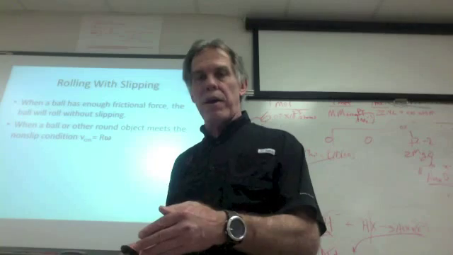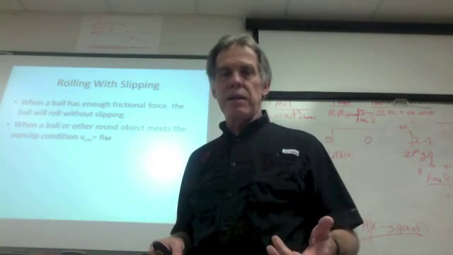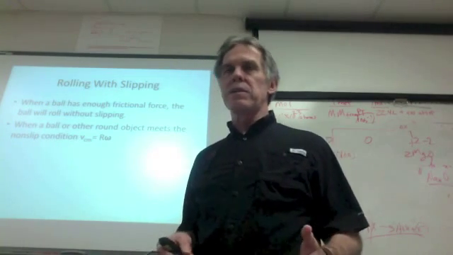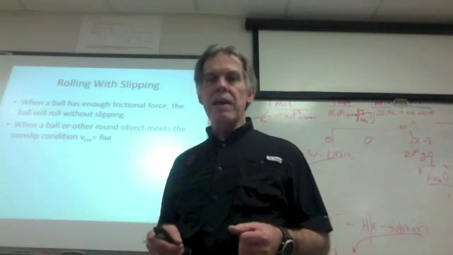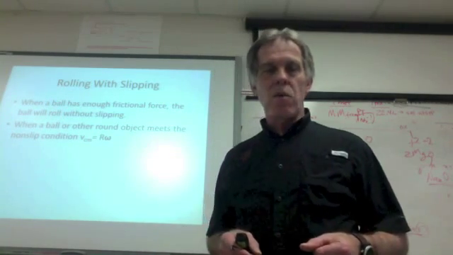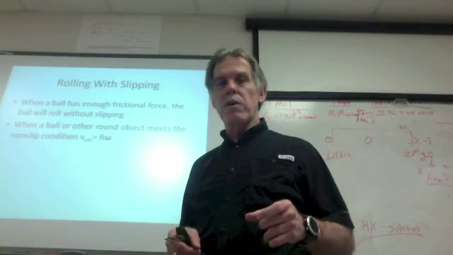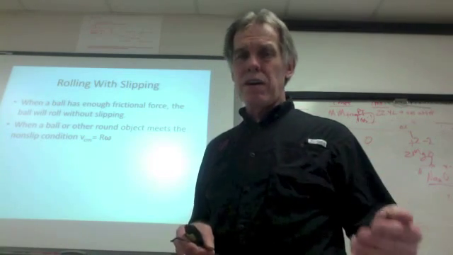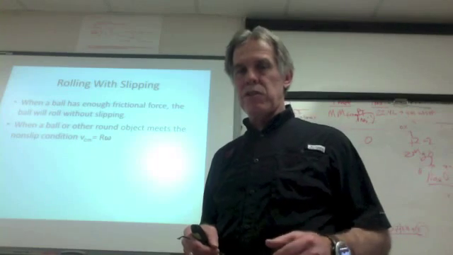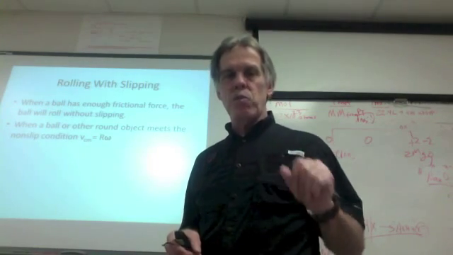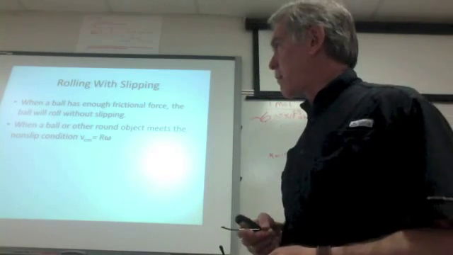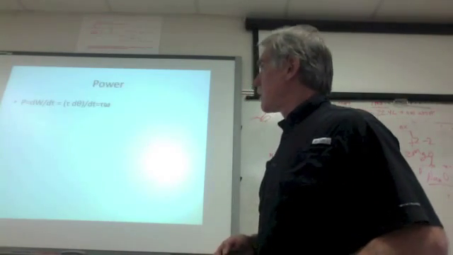Once we get to that point, then it will start rolling again. So there may be some problems that involve a lower coefficient of friction where there will be slipping instead of rolling without slipping. You need to make sure that you check the problem and see if it says with or without slipping, because that'll make a difference in how you solve it.